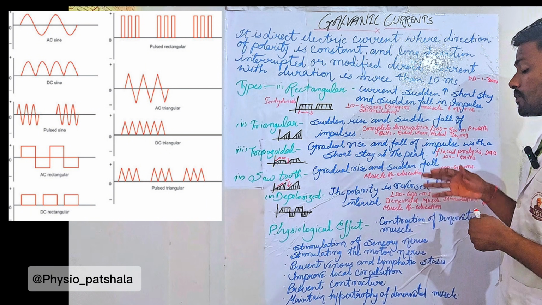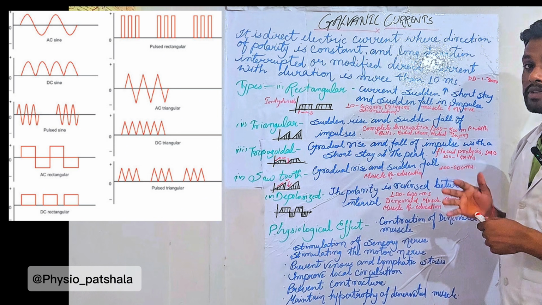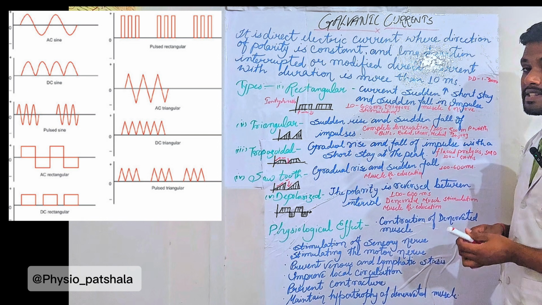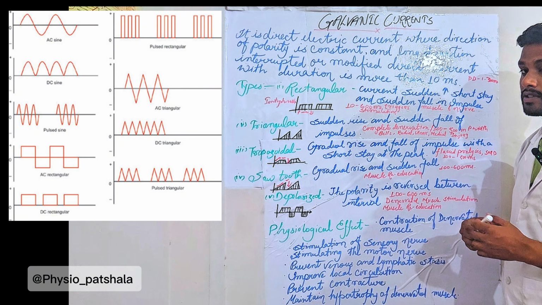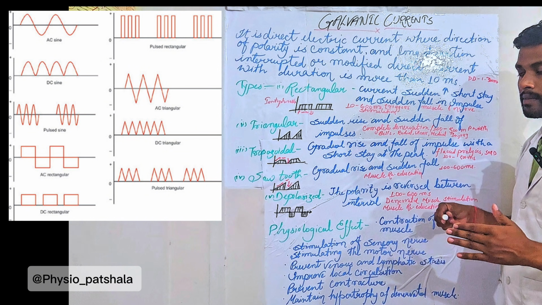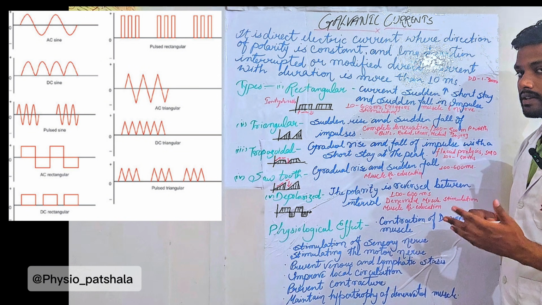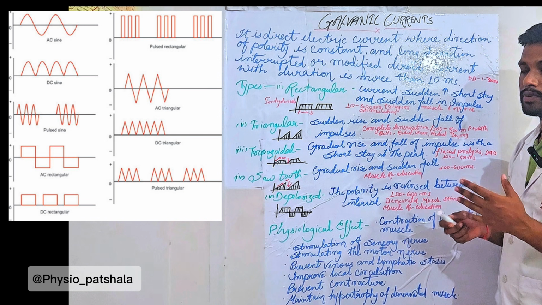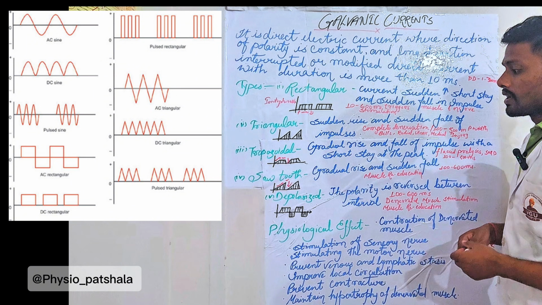The pulse width is 100 to 600 milliseconds, which is very good for the patient, to educate the muscle from denervated to partially innervated and innervated, so functional activities can be performed well.